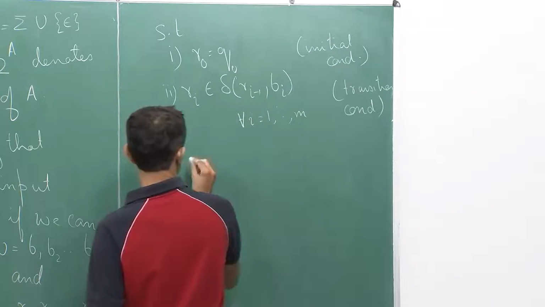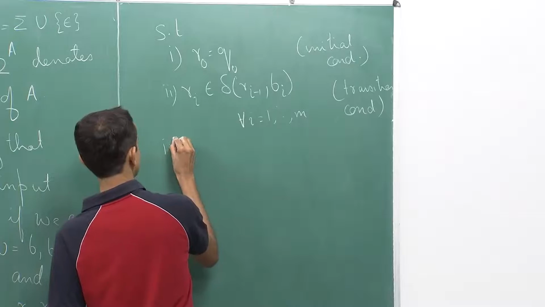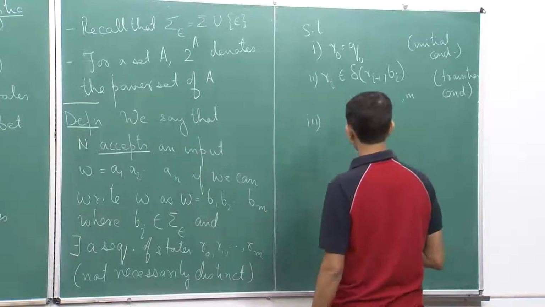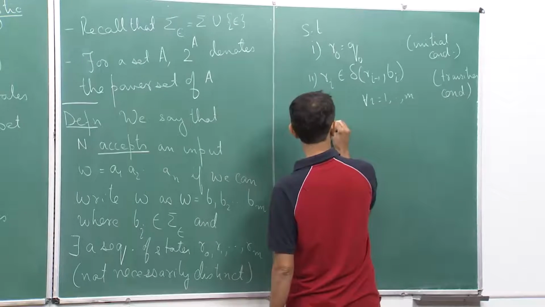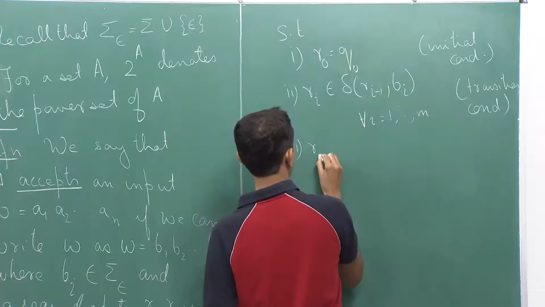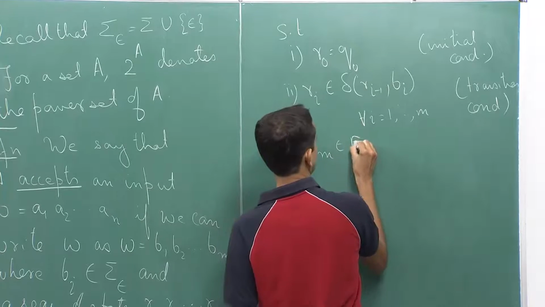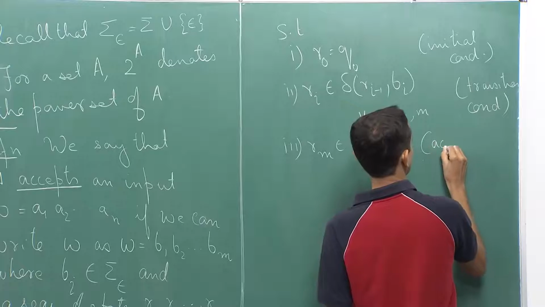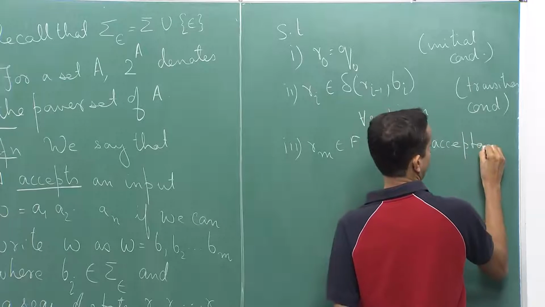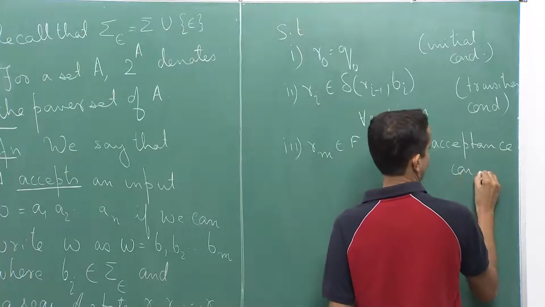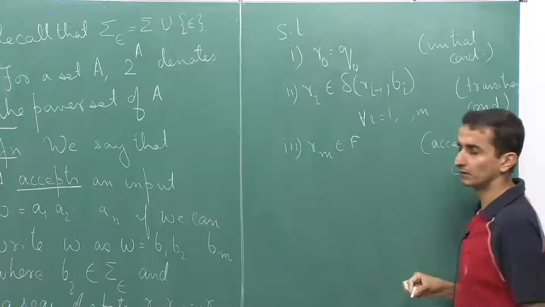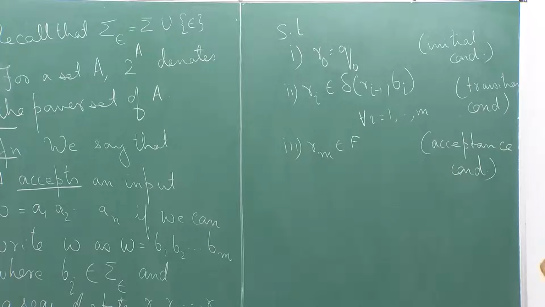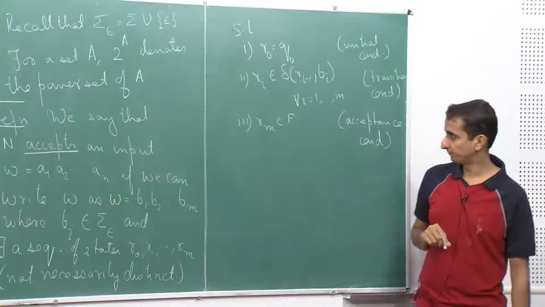And finally, we must write the acceptance condition. So we accept if Rm belongs to F. So this is when we accept the input.